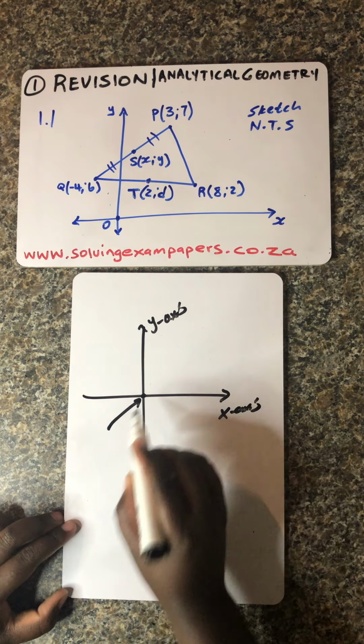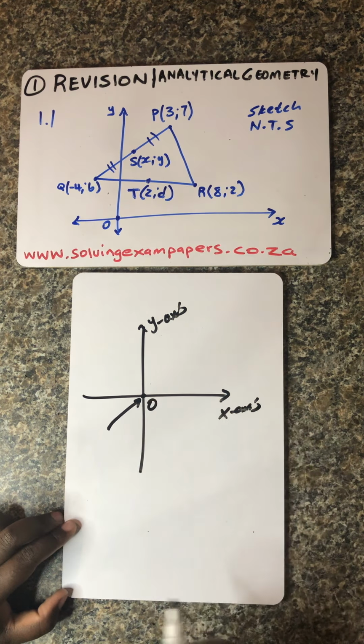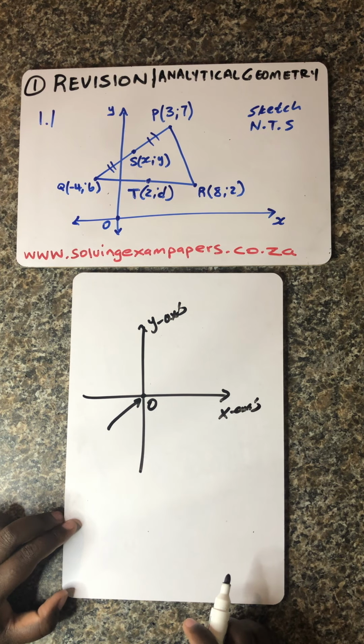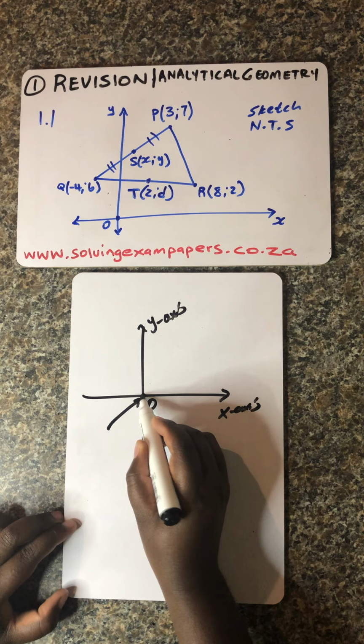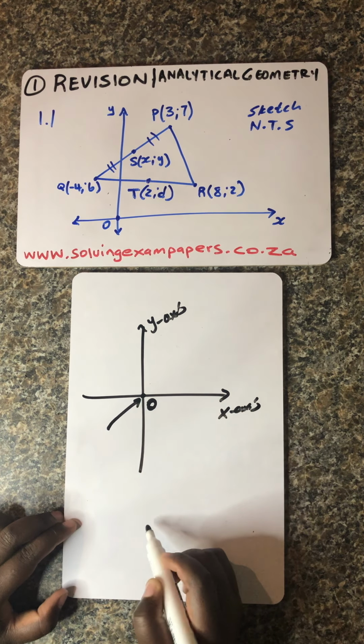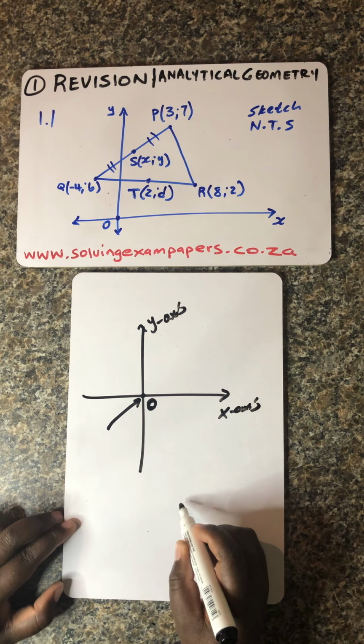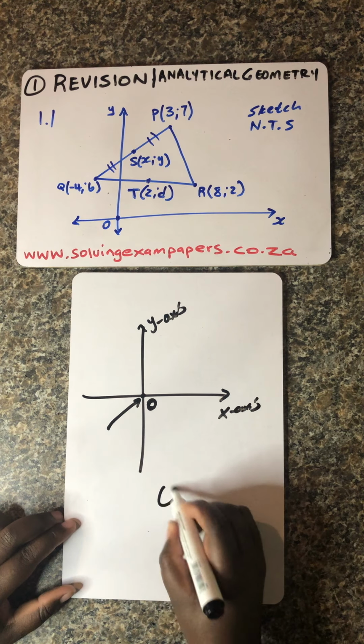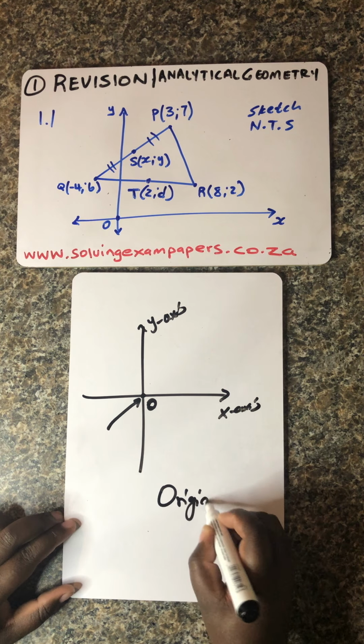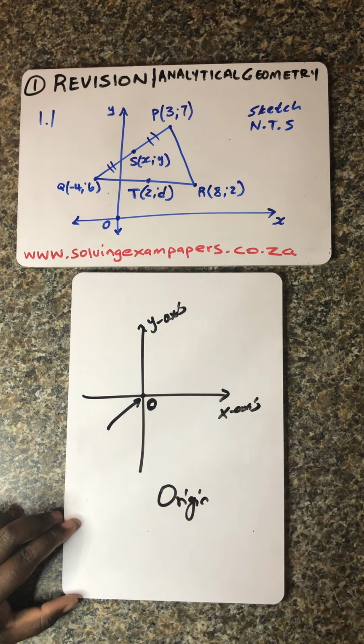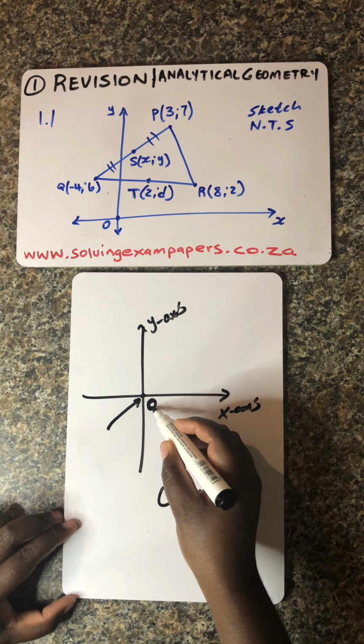We refer to that point as 0, namely the origin. So that point over there is 0. This is not the letter O, but we refer to that point as the origin.